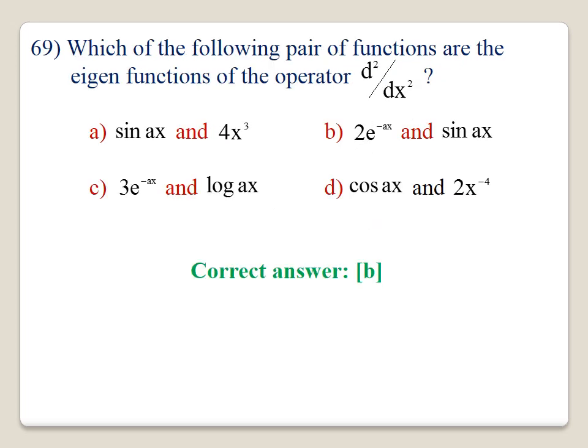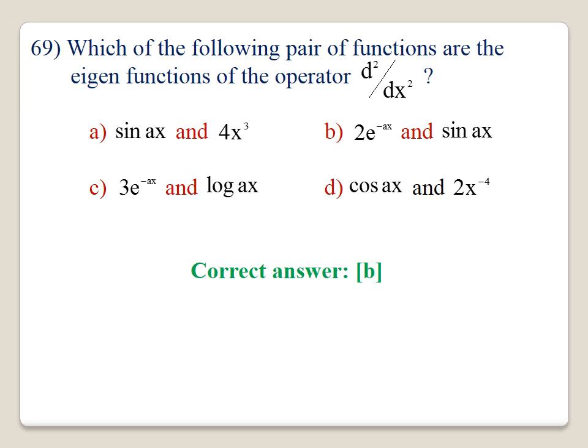69. Which of the following pairs of functions are the eigenfunctions of the operator d square by dx square? Here you take option A. The sin ax is the eigenfunction for the operator d square by dx square, but 4x cube is not the eigenfunction. And you take option B. 2 e power of ax and sin ax are the eigenfunctions of the operator d square by dx square.